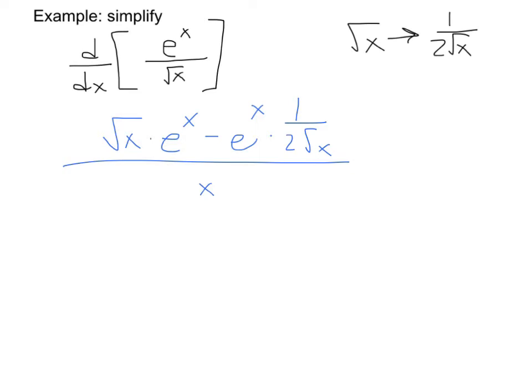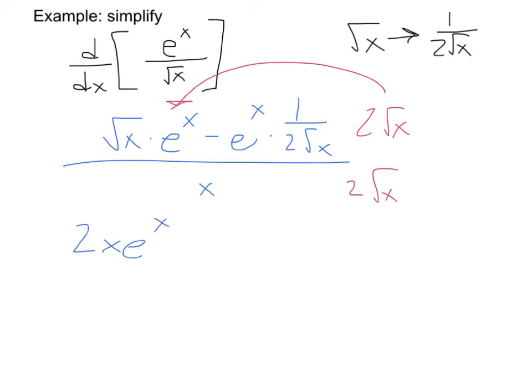Now I look at this problem and say, yay, I got the derivative, but this is a mess. In particular, I see a fraction within a fraction here, so I'm going to want to multiply to get rid of this. I'll multiply top and bottom both by 2 root x. When that 2 root x gets here, I'm going to end up with 2x e to the x.